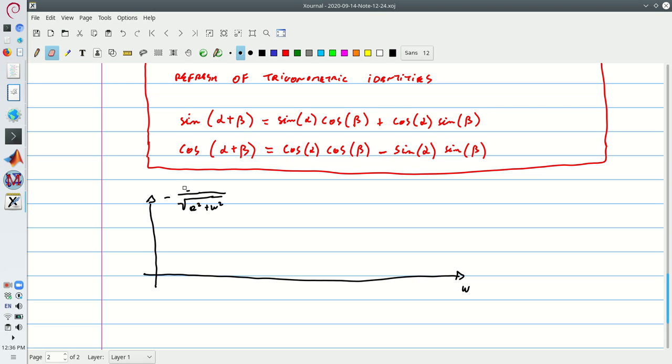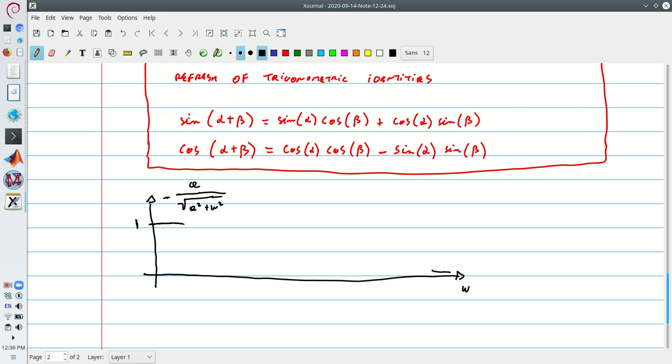Remember that a is a negative quantity, so minus a is positive. The square root is always positive, and so when omega is equal to 0, this is equal to 1. Now I make omega grow: the numerator stays the same, the denominator starts growing, and when omega goes to infinity, this quantity approaches 0.